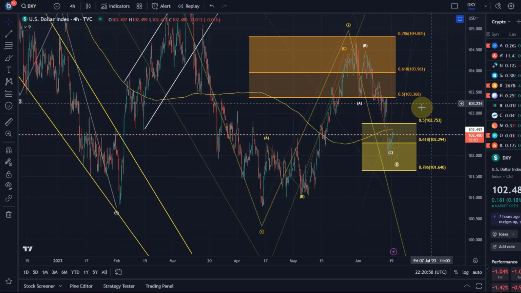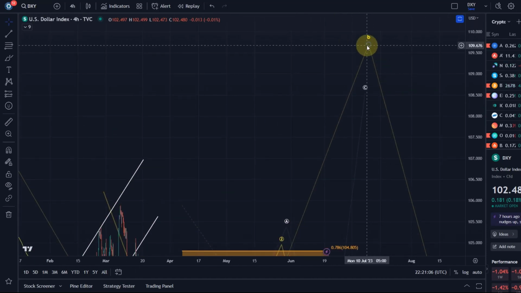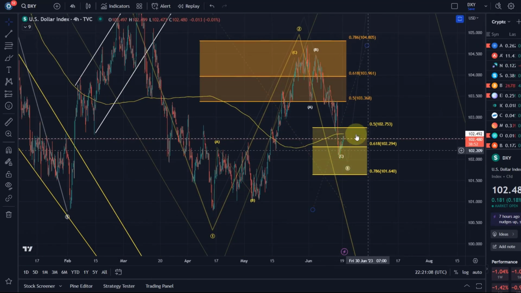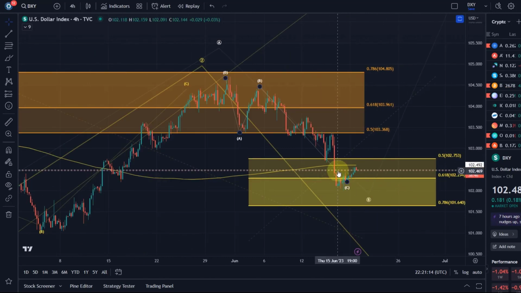So this is at the moment a possible trend change of the move down back into a C wave to the upside of a larger B wave. This is a pivot point. Now this is going to get interesting. Obviously I have no confirmation that a low has been made yet, other than a small reaction here to the golden ratio, the 61.8 retracement.